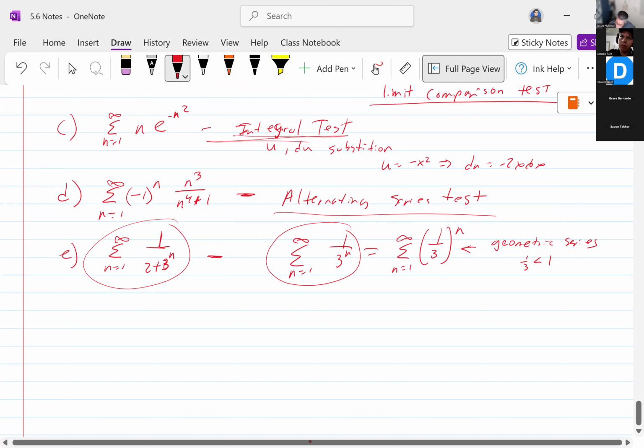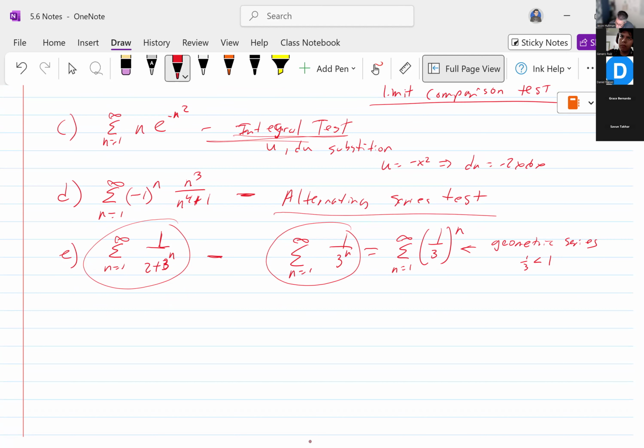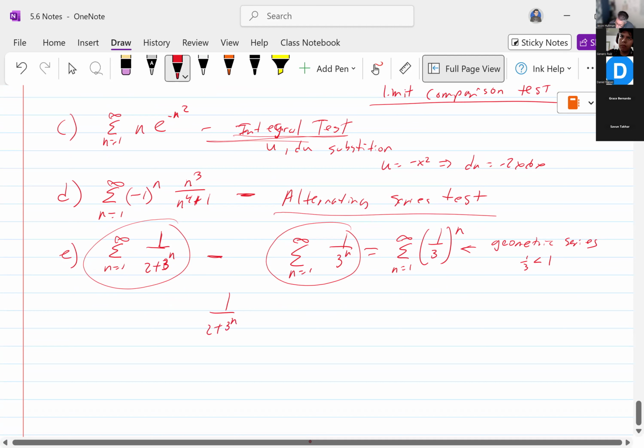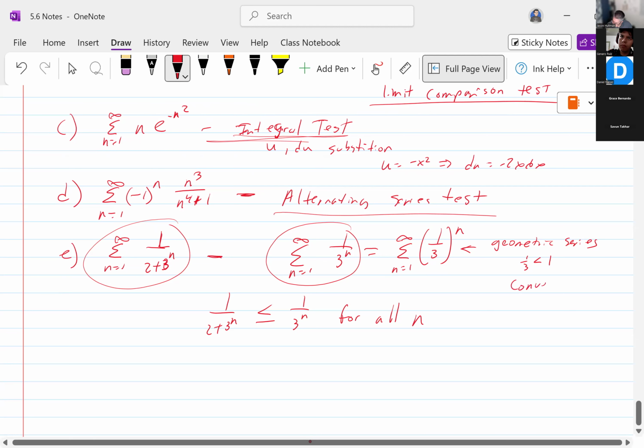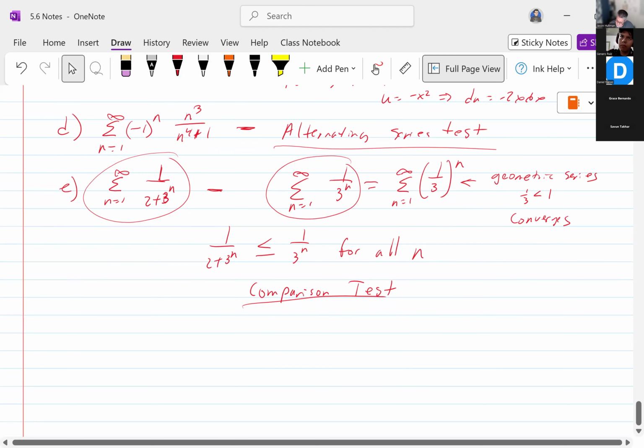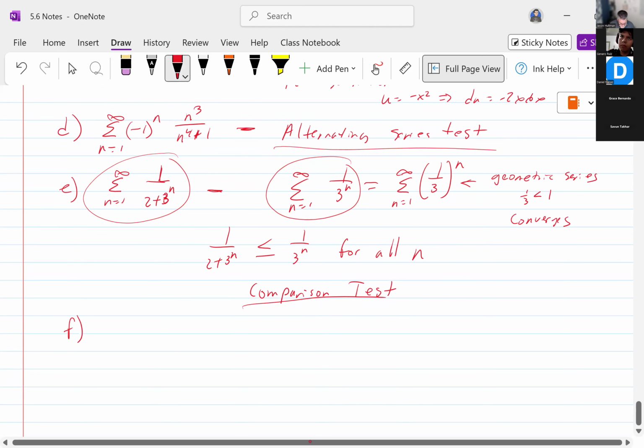Because 1 over 2 plus 3 to the n is less than or equal to 1 over 3 to the n for every single term for all n. And so the inequality goes the correct way. Okay, we have something that is smaller than a known convergent series. And so we're going to use the basic comparison test here. Comparison test.